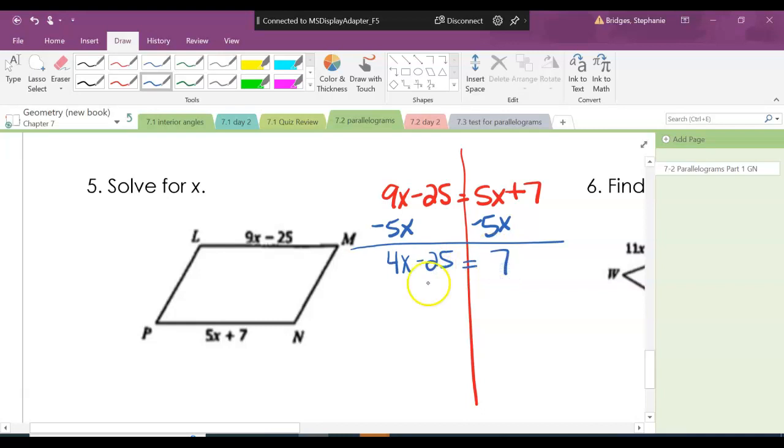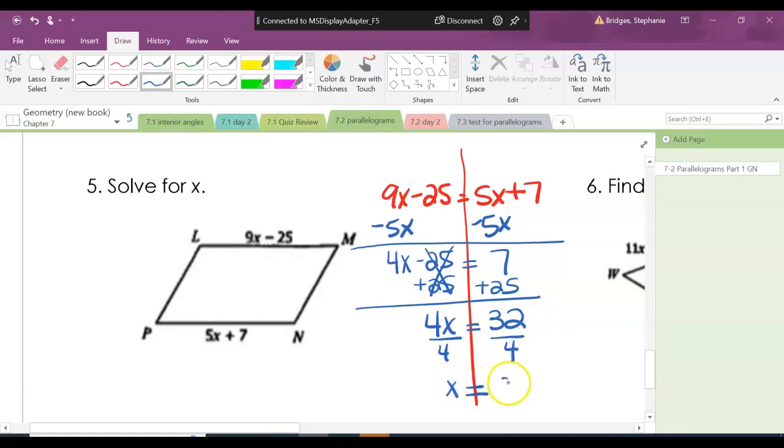Then I want to get that 25 away from the 4x, so I'm going to add this over. What's 25 plus 7? 32. Okay. And then I'm going to divide both sides by 4. And so what is x going to equal? 8.